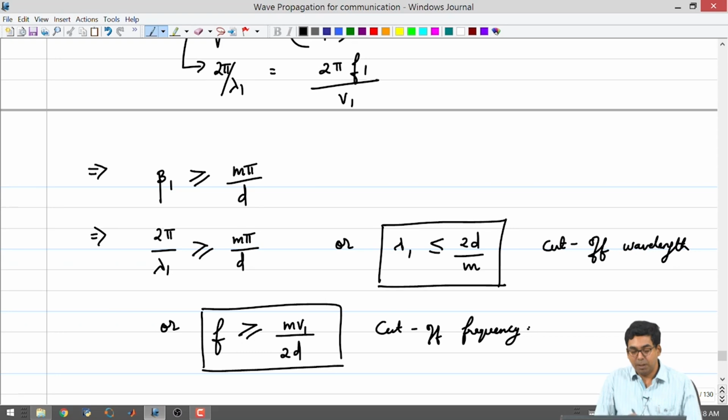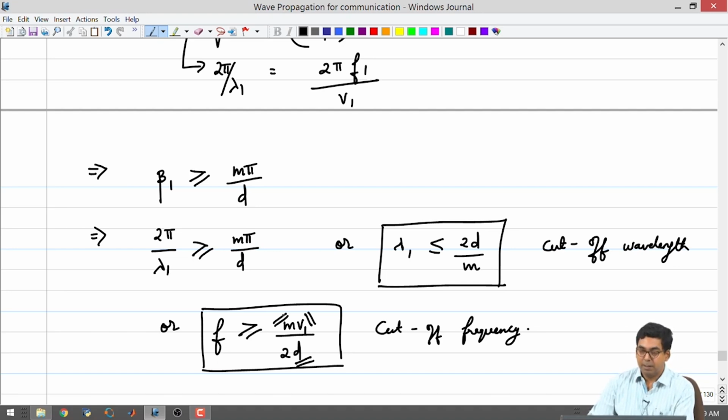What does this mean? For a given choice of d, enclosing a medium with velocity V1, for a choice of the electric field profile m, there exists a minimum frequency, okay. Only above this minimum frequency will you not have exponential decay of your fields and the fields will survive, all right. Below that frequency the fields will not survive in this configuration, all right.